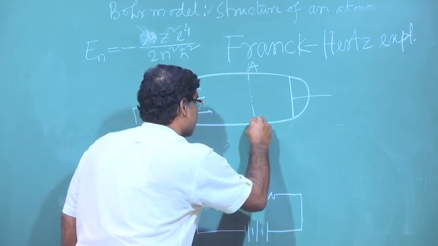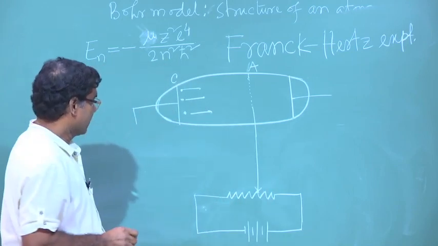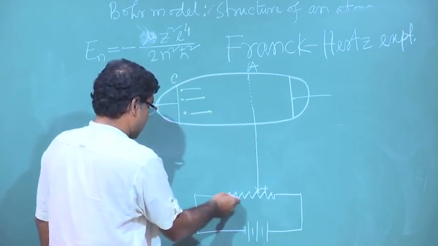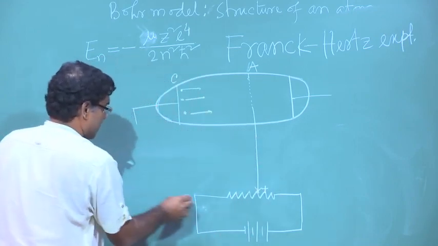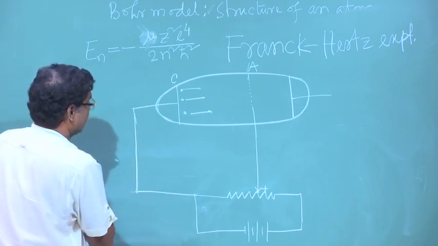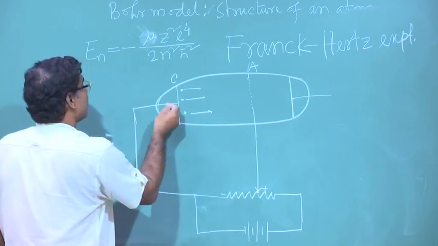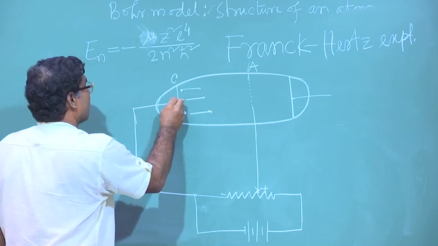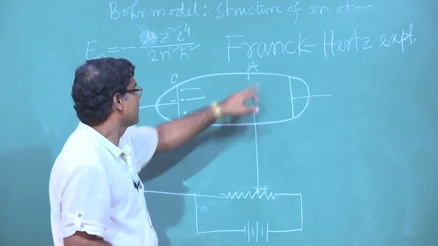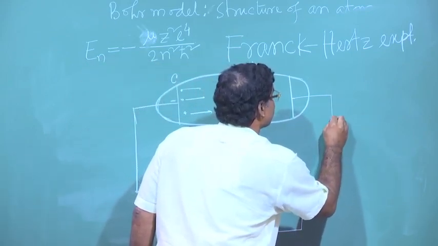This was connected here. This side is basically plus and this side minus. So the cathode is connected to minus, the anode is plus. This is positive bias, and at the plate a negative voltage is given.